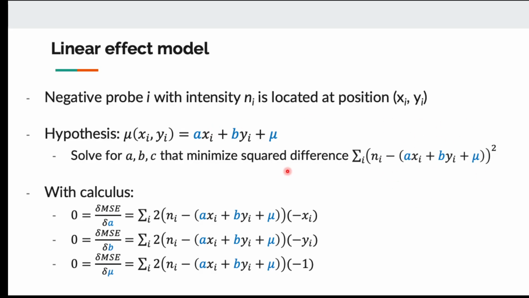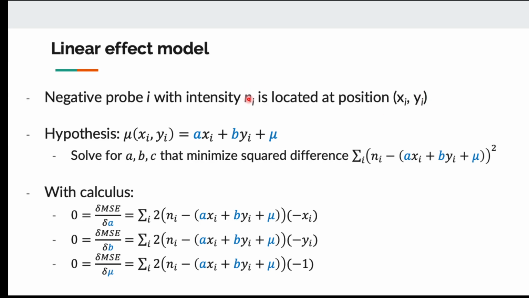So let's say we have the noise, the intensity, in subscript i here. These are the intensities of the negative probes, so these are all noise. But because negative probes are located in different locations on the array, each of them will have its own position at xi and yi, a different position on the image.